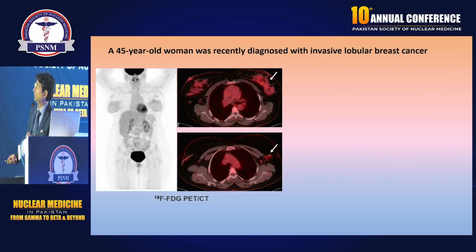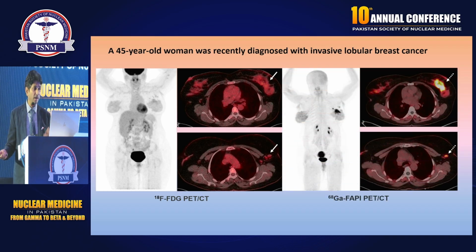Another example: this is a 65-year-old female recently diagnosed with invasive lobular cancer. You would expect invasive lobular cancer to be very heterogeneous. This is a locally advanced tumor, but it doesn't show any significant uptake on FDG. There are prominent lymph nodes, which could be inflammatory or anything.